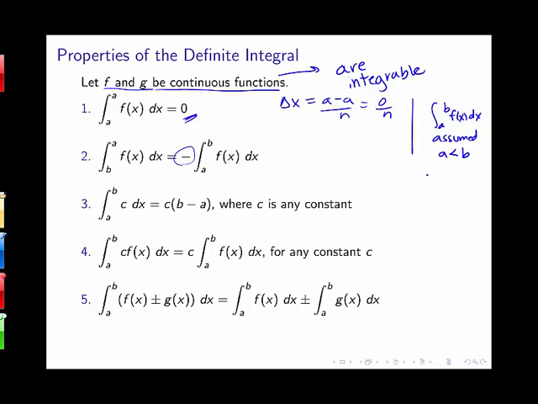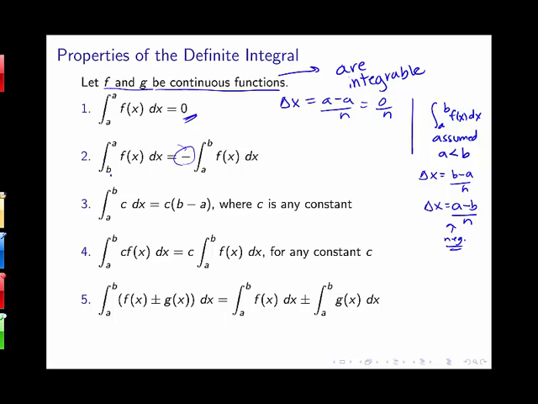If a is less than b, then our delta x is b minus a over n, and that would be positive. But if I write down the width as a minus b over n, then that's going to be a negative quantity. So that's going to contribute that negative sign to what we would expect.